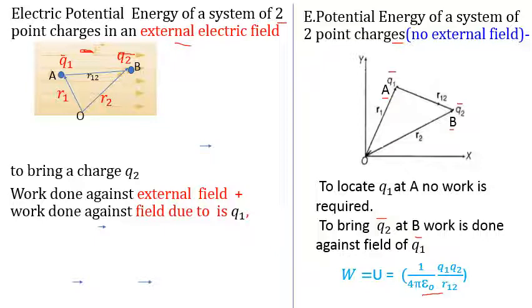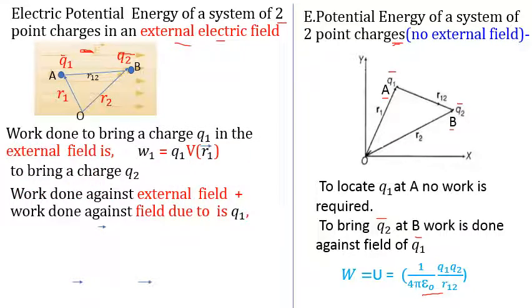But when same 2-point charges are in external electric field, then what we have to do? Work against external field to locate charge Q1. This is that work. Then work done to bring charge Q2, we have to do 2 times work, that is work against external field and work done against field due to Q1.